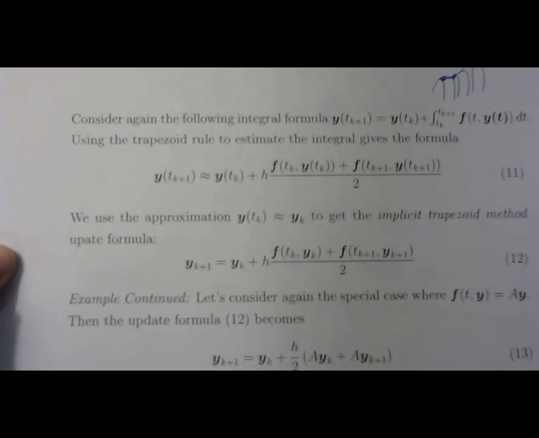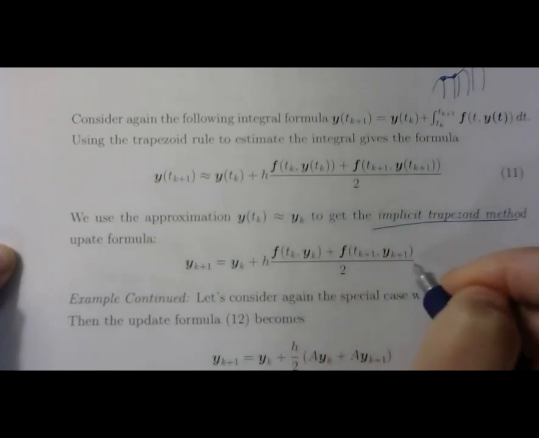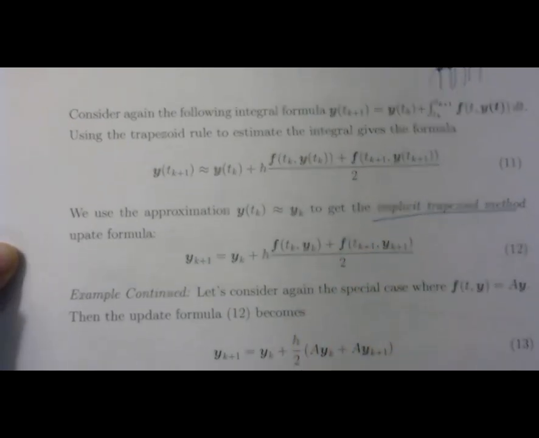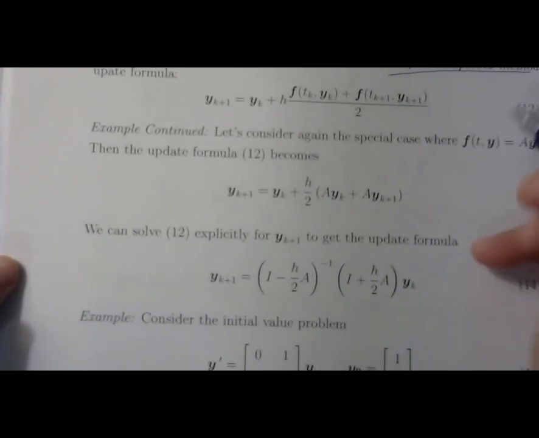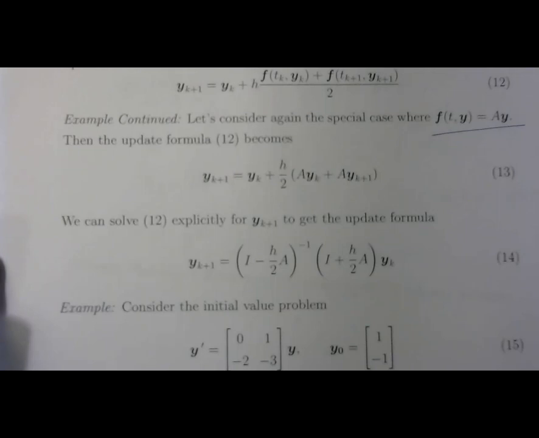And so I can use that kind of formula to write the implicit trapezoid method. Again, if it's just a general f, this is implicitly defined, and since I have a y_{k+1} here, I can't in general solve for it. But if I have a linear function, in this case, then I can, right?